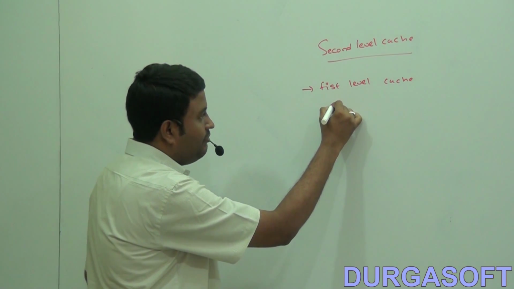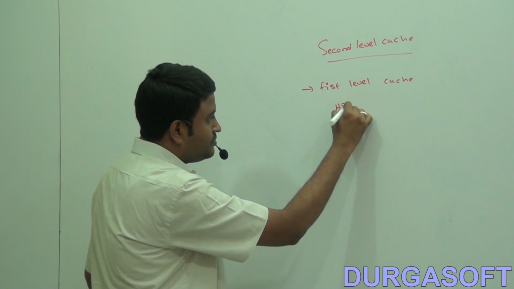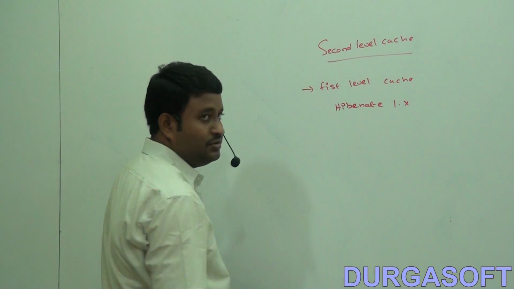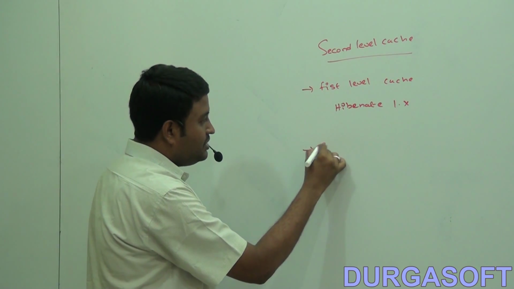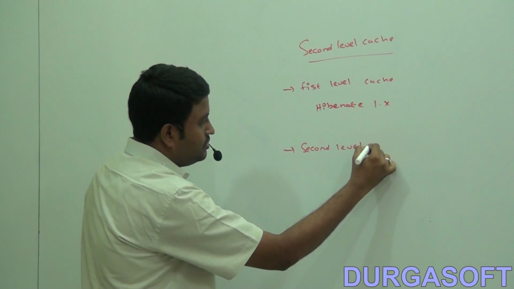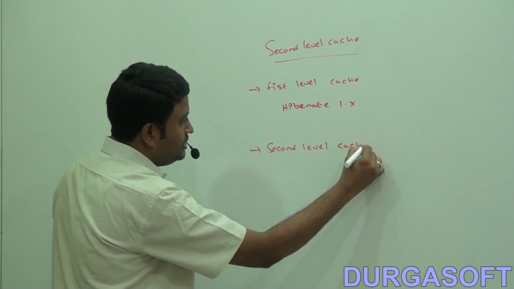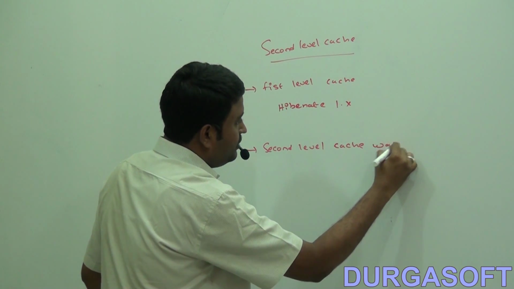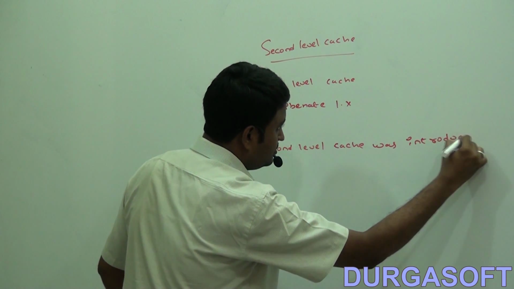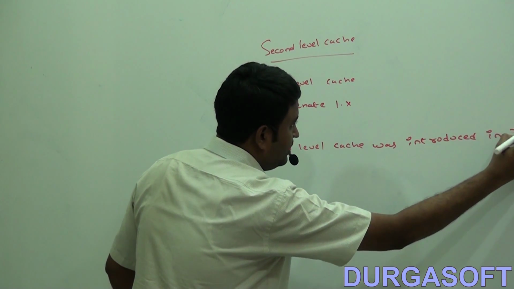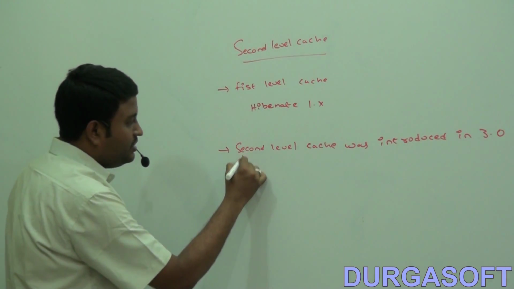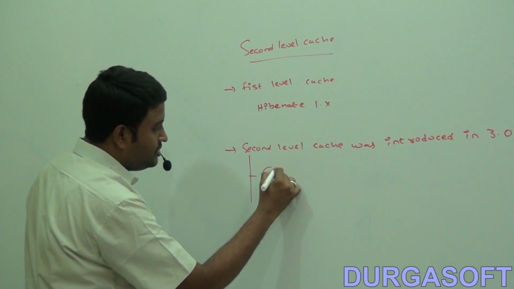First level cache is available from Hibernate 1.x onwards, but second level cache was introduced in 3.0.